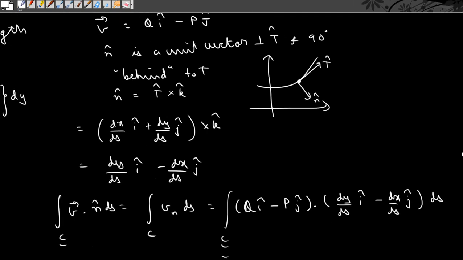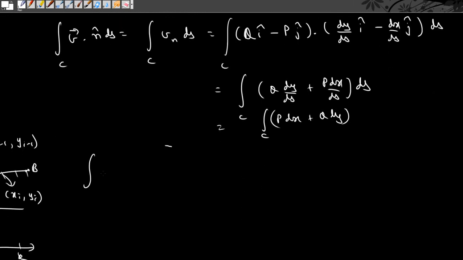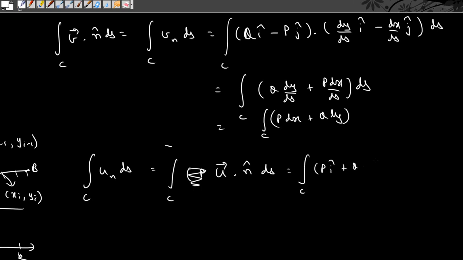Okay, similarly, let us find the result for the component of the vector u along this normal unit vector. This is actually equal to u dot n hat ds, which is integral over c of p i hat plus q j hat dot dy by ds i hat minus dx by ds j hat.